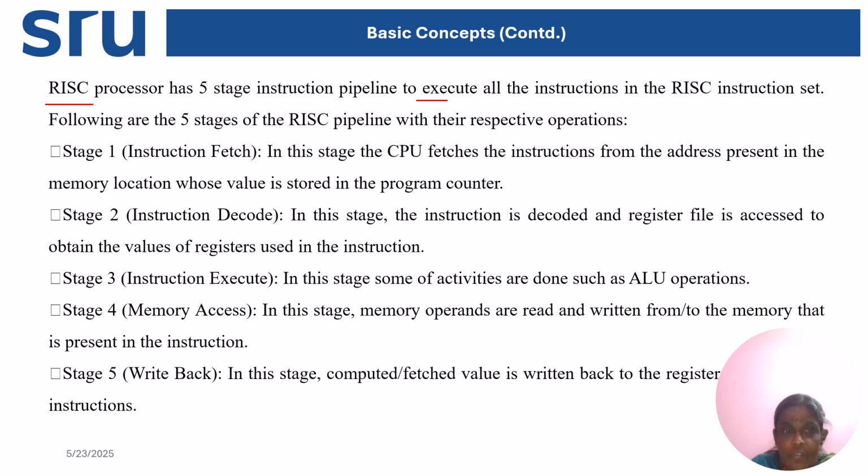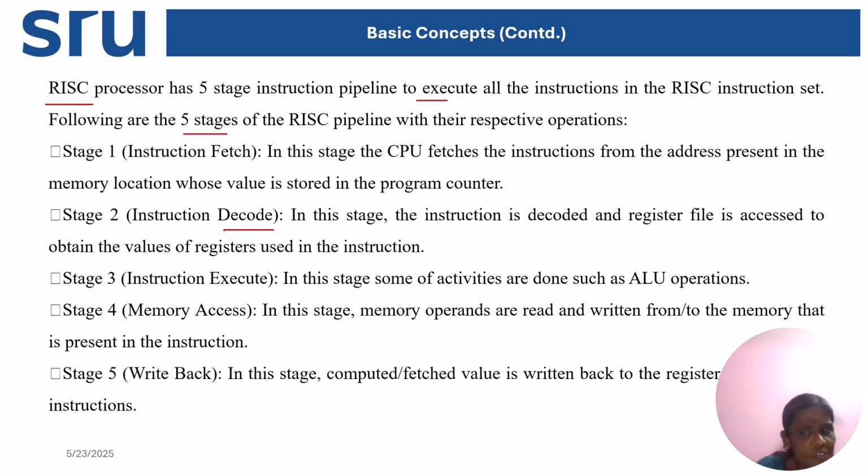Following are the 5 stages of the RISC pipeline with their respective operations. What are they? Number 1, instruction fetch. So stage 1 is instruction fetch. Stage 2 is instruction decode. Whatever is received has to be decoded.